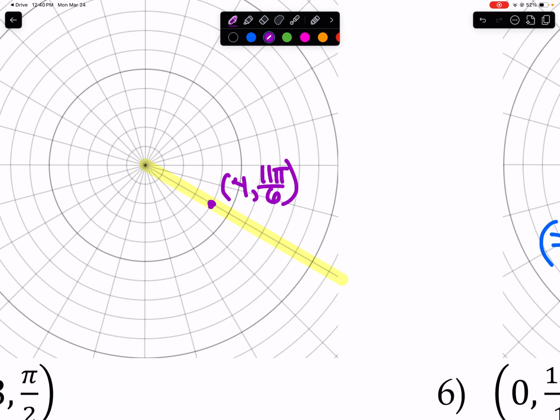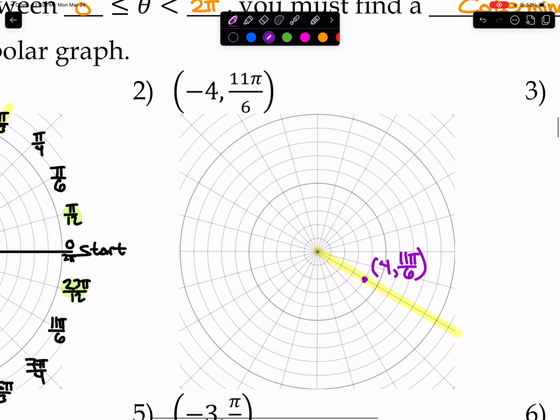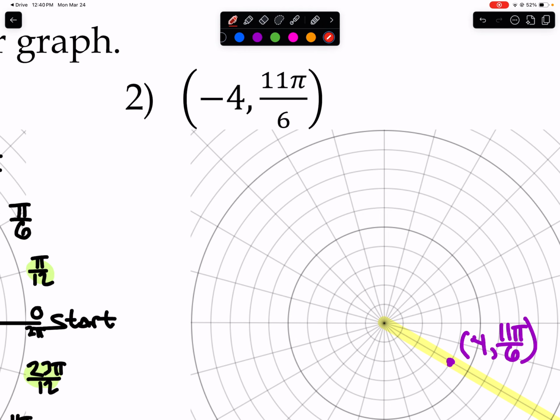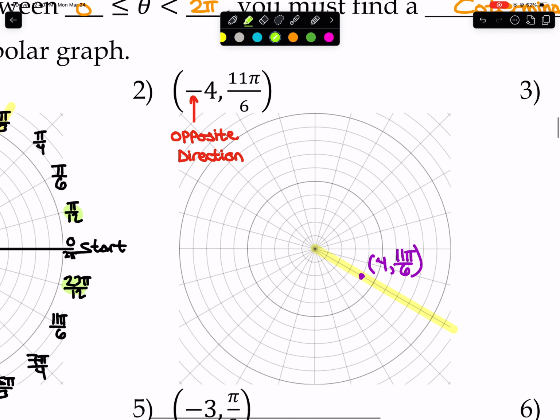Now what's going to happen is this negative is going to add just one extra step. It just means that we need to go the opposite direction. So opposite direction as in we're going to follow the spoke on that unit circle, and we're just going to go the opposite way.